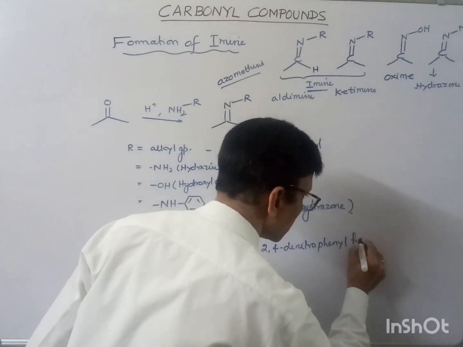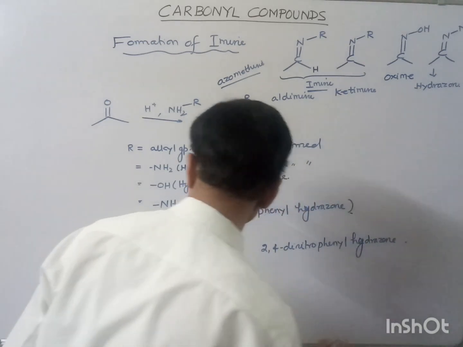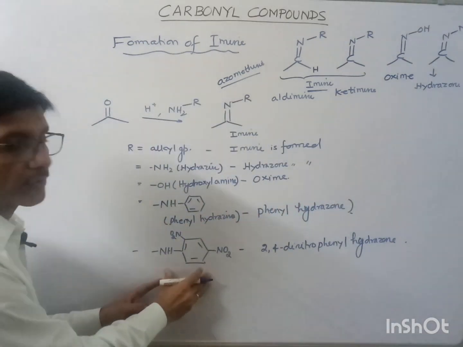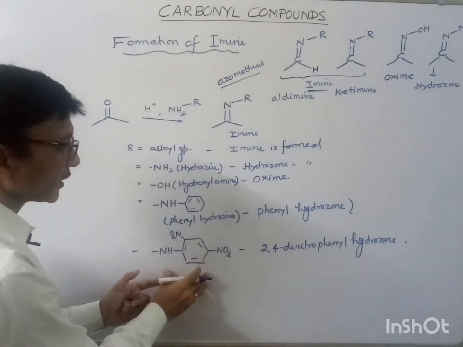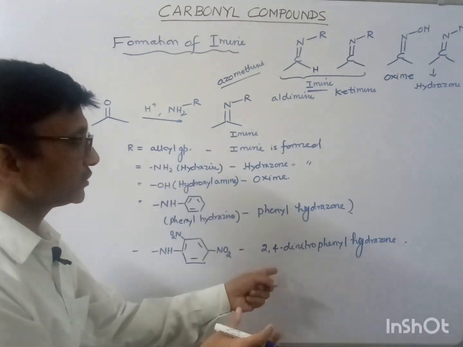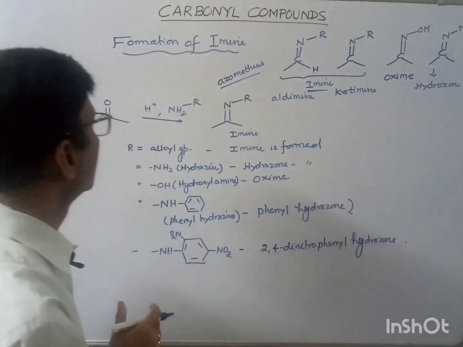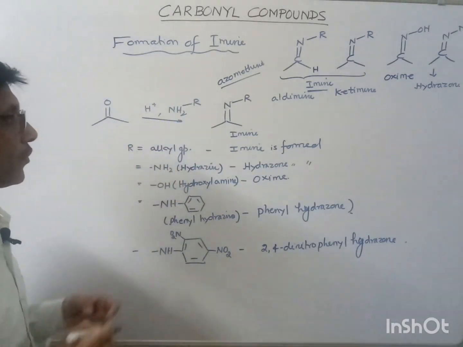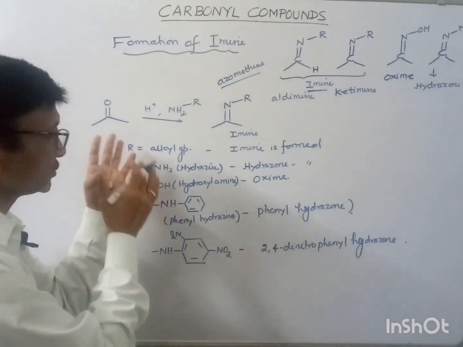So if the amine is 2,4-dinitrophenylhydrazine, then the type of imine formed is the 2,4-dinitrophenylhydrazone. So this is a general type of reaction, and we can use different types of amines.